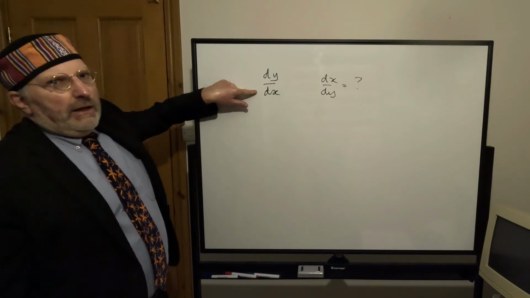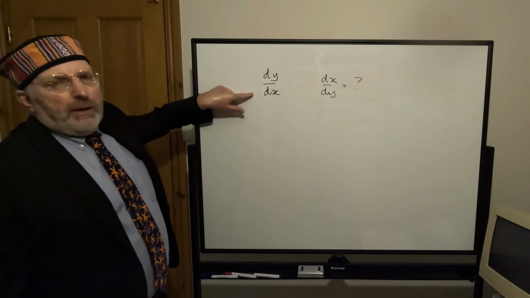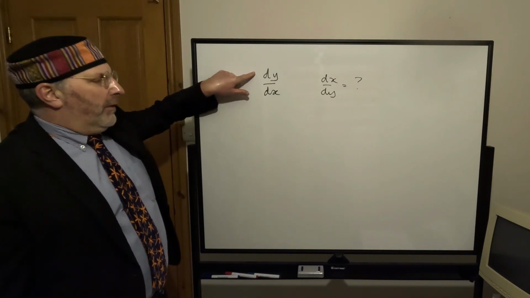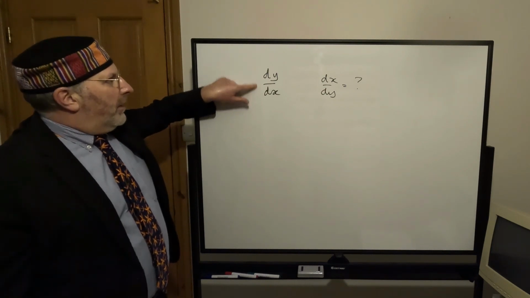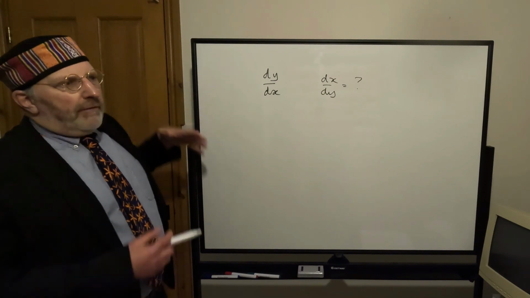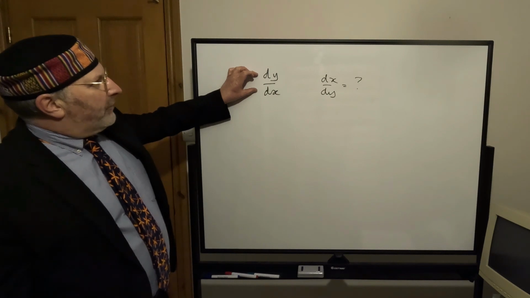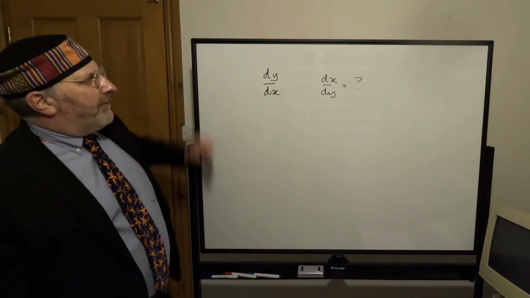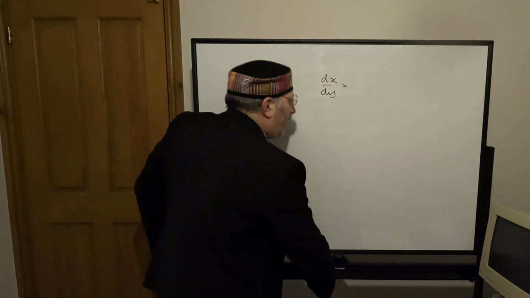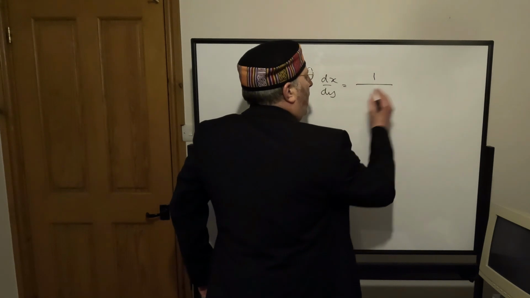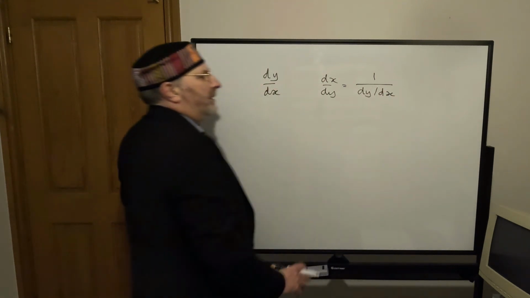So this isn't really properly a fraction. But nevertheless, they behave like fractions, and for our purposes we can treat them as fractions, even though mathematical purists might not approve of that, but it works for reasons that could be proved rigorously. So if we've got dy by dx, then we want dx by dy, we just turn the fraction upside down, so we just take the reciprocal of it. So dx by dy will just be 1 divided by dy by dx, or it's 1 over dy by dx.